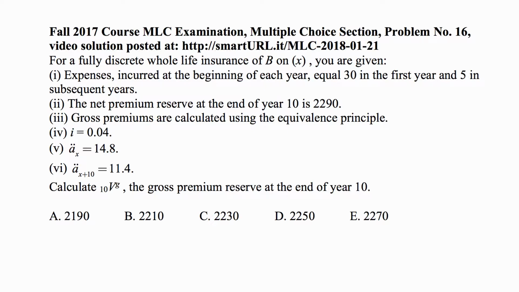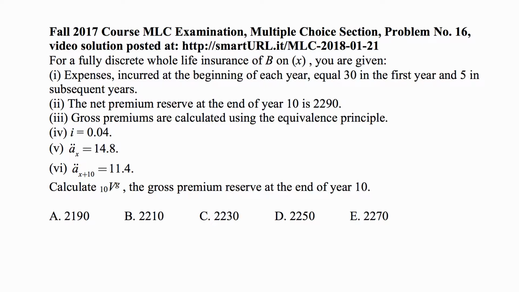Gross premiums are calculated using the equivalence principle. Interest rate is 4%. A double dot x is 14.8. A double dot x plus 10 is 11.4. Calculate the gross premium reserve at the end of year 10.